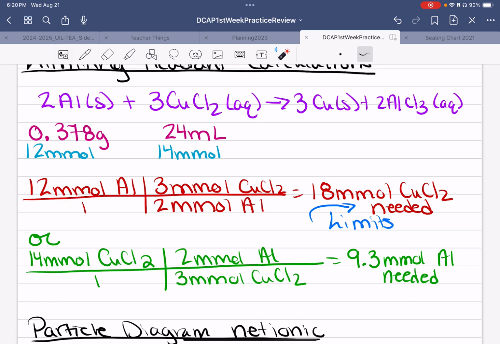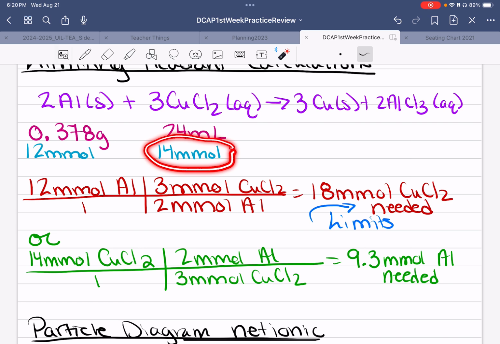So all I did was I took my starting 12 millimoles and I changed it over from aluminum to copper chloride using the ratio from my balanced equation. I just put millimole as a label on the end and I get 18. So I need 18 millimoles of copper 2 chloride. I only have 14. That's my limiting reagent.